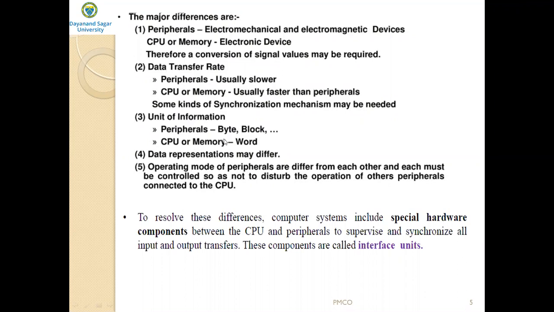Whereas CPU or memory are able to transfer a word of data. Their unit of information is the word.